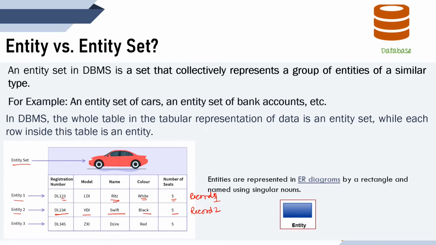And in ER diagram, entities will be represented by a rectangle, and it will be named using singular nouns. We will see in our future lectures. Don't worry at this moment how it will be represented. Just understand what is entity and what is entity set.